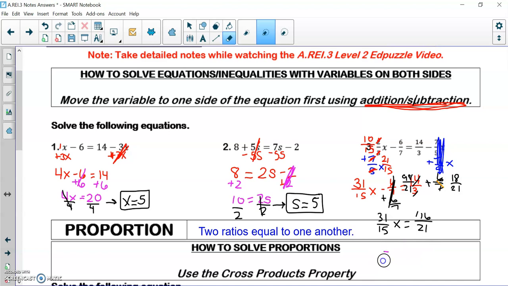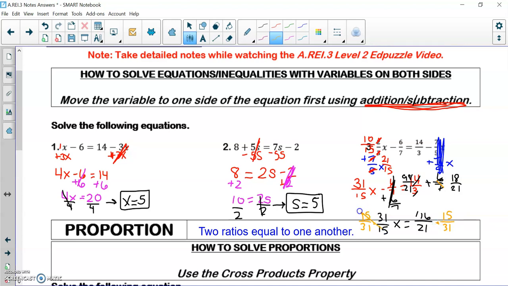Instead of dividing by 15ths, we are going to learn how to multiply by the reciprocal. Dividing by a fraction is the same thing as multiplying by its reciprocal. So instead of dividing by a 31/15, we're going to multiply by a 15/31. That is the reciprocal. The reciprocal is when you flip your fraction around.